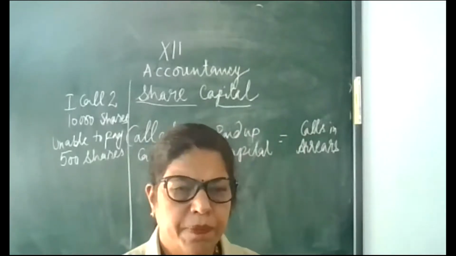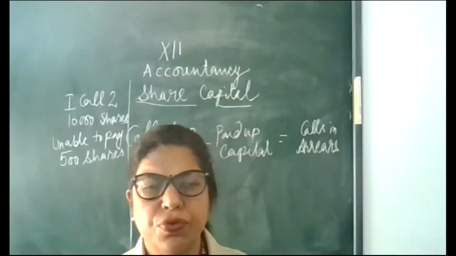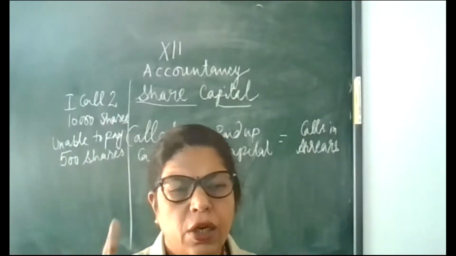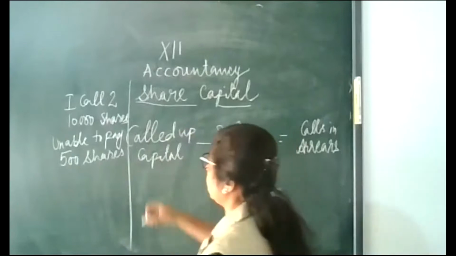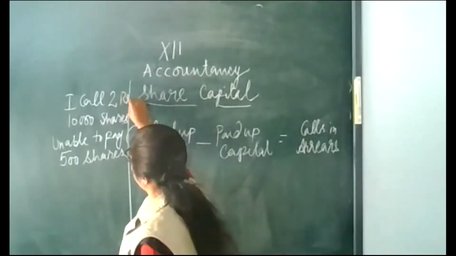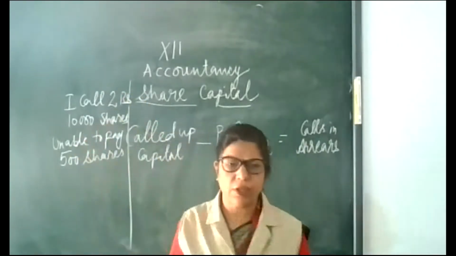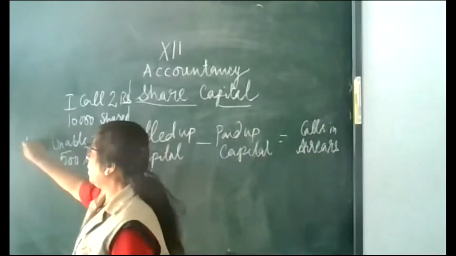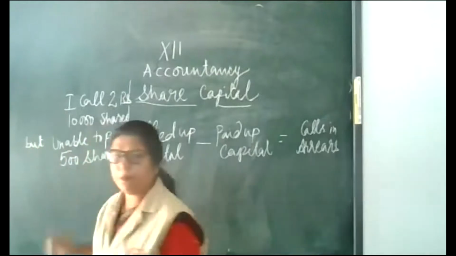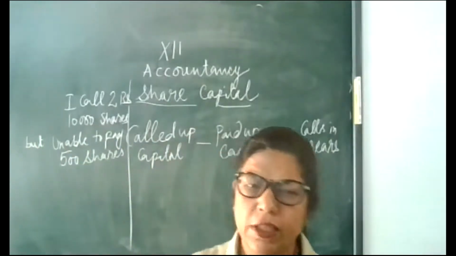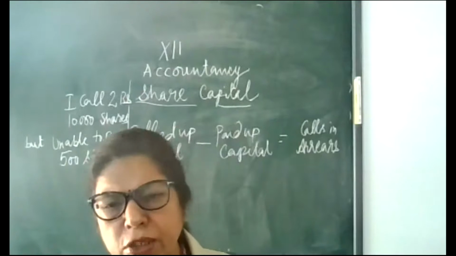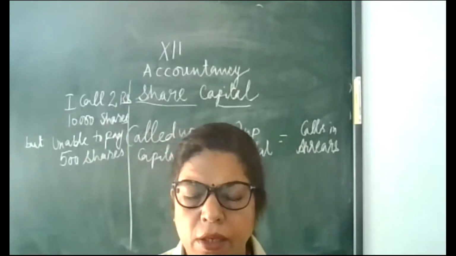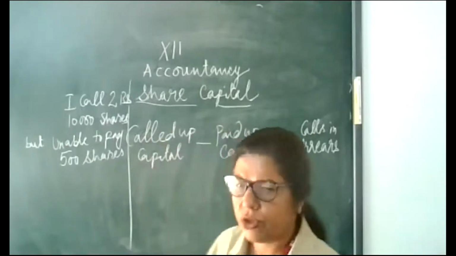X Limited is due first call of rupees 2 per share on 10,000 shares, but 500 shares are unable to pay. If the question is a fill in the blank, how will we do it?